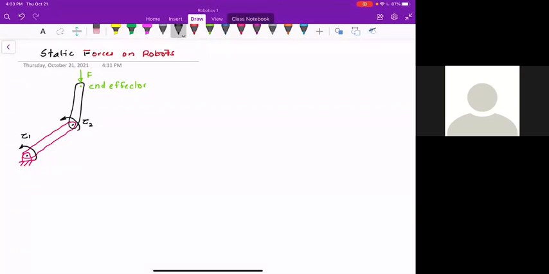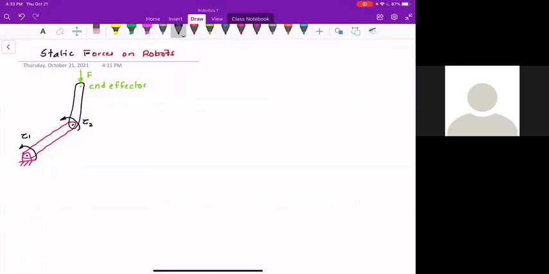And we want to find out the values of these torques tau 1 and tau 2 so that this external load can be supported. Now, please note, this is a static problem. What it means is the robot is not moving.